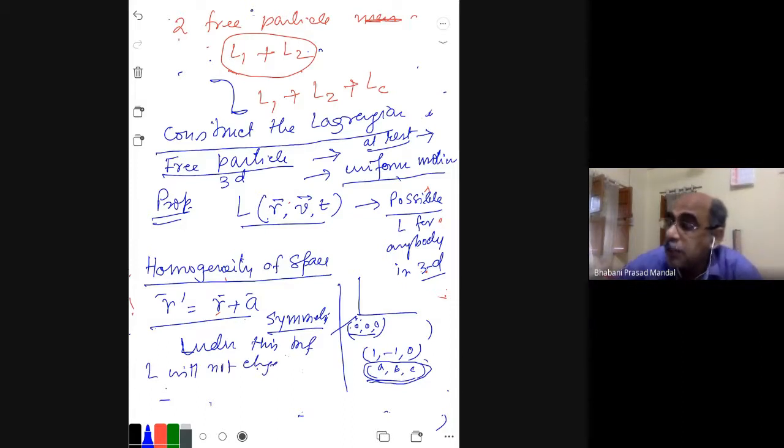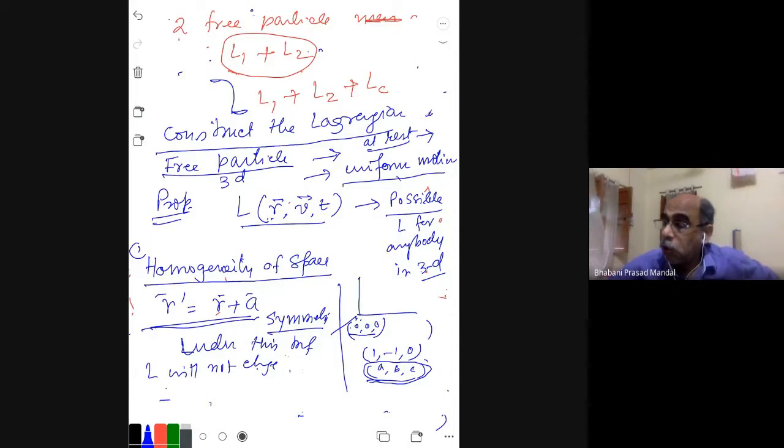But if your Lagrangian depends on r, and I make this transformation, my Lagrangian will change. The first property I said, homogeneity of space, because a particle moving with a constant speed in a particular direction all the time will not be affected by this transformation.